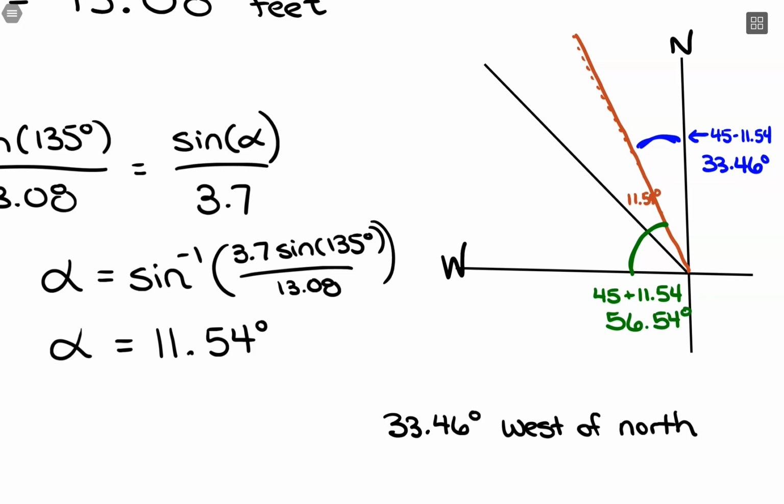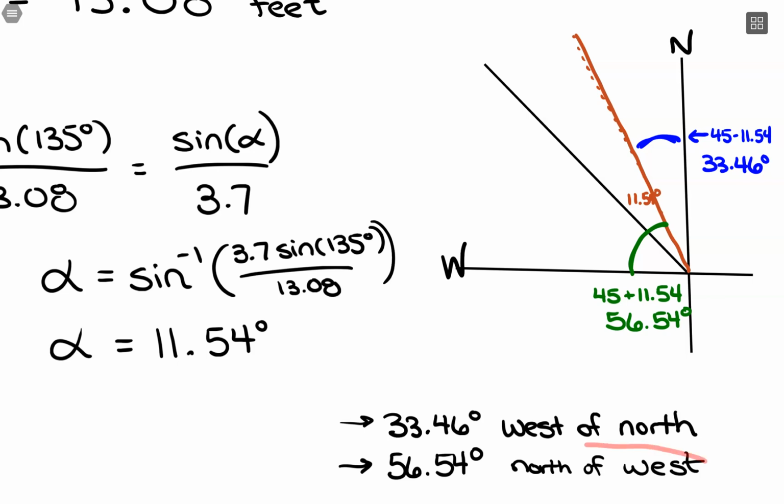And with that one, we'd be describing it as going away from west, we'd be going north of west. So I would describe that as 56.54 degrees north of west. So either of those work. You can choose whichever one you like in terms of a description.